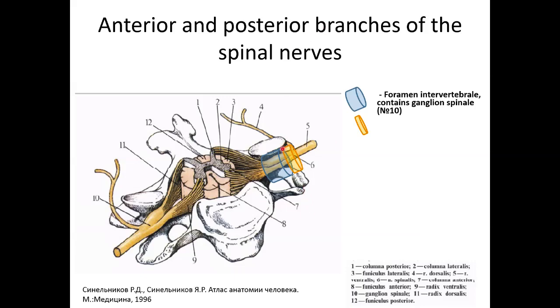I'd like to demonstrate with this yellow cylinder that in foramen intervertebrale we can find a nerve which is the result of connections of two radices, radix spinalis anterior and radix spinalis posterior.